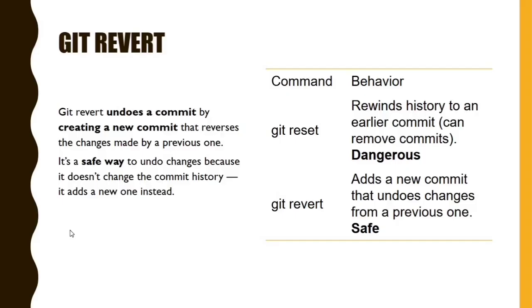Now, there is a slight difference between Git Revert and Git Reset. Git Revert is used after you have made a commit to the local repository and want to undo it in a trackable way, while Git Reset is used before you commit or on files within the staging area, where you want to completely remove commits from the history.